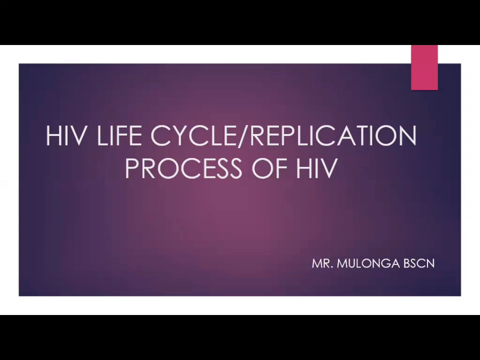Then we move to the next mode of transmission, which is parenterally. When we say parenterally, this is when the blood of an infected person mixes with the blood of an uninfected person, causing the transmission of HIV.